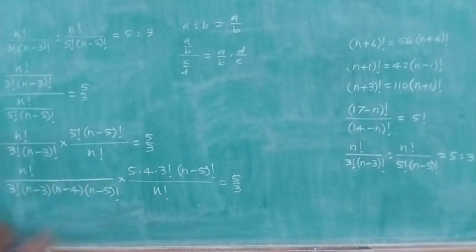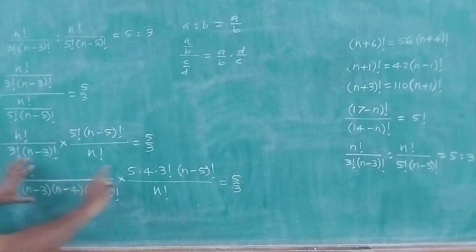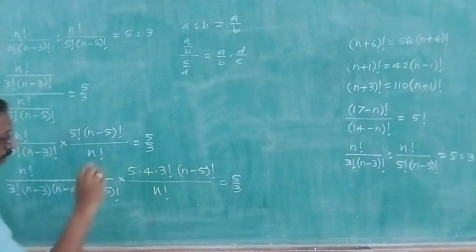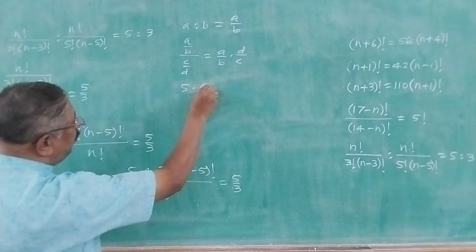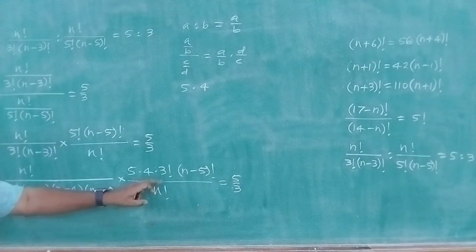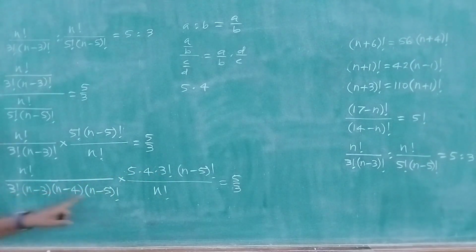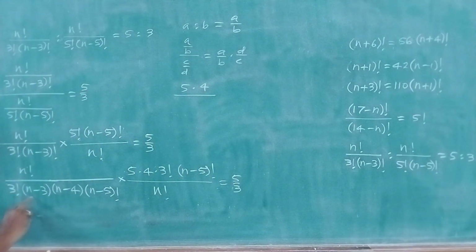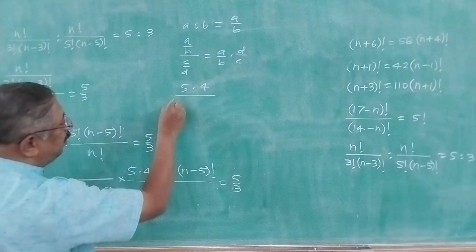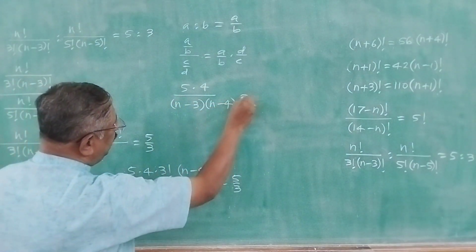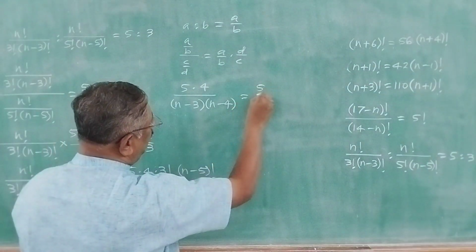3 factorial will get removed and the term left will be 5 multiplied by 4 in the numerator, because n factorial is already cancelled, 3 factorial is removed, and (n minus 5) factorial is removed. The term in the denominator will be (n minus 3), (n minus 4), equated to 5 divided by 3.